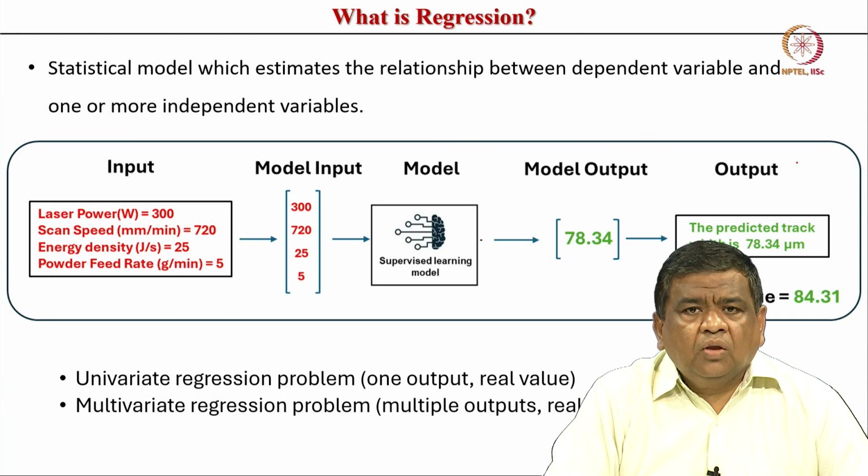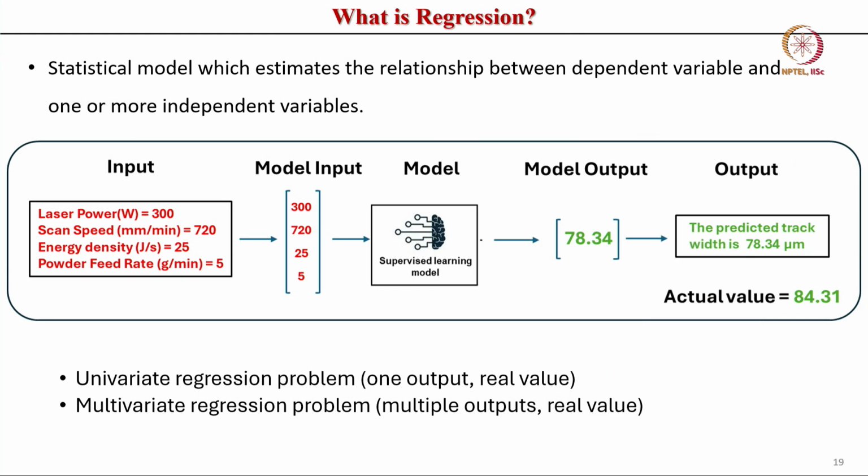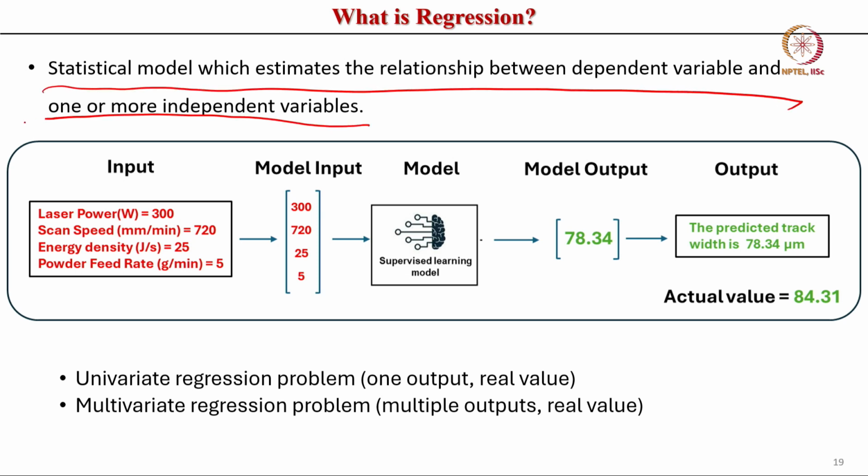Okay. So, what is regression? Now, I mentioned before there are two basic tasks, one is regression and one is classification. Regression is a statistical model which estimates the relationship between the dependent variable and one or more independent variables. For example, in the case of regression, let us say laser power, scan speed, energy density, powder feed rate.